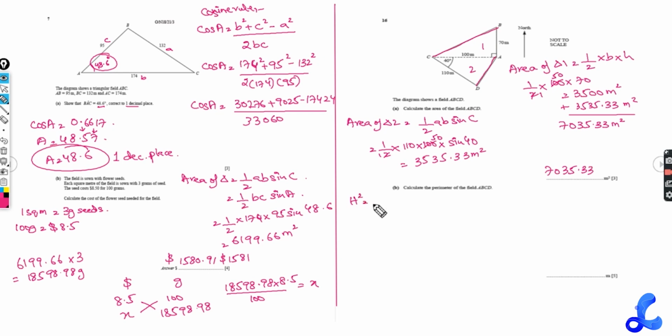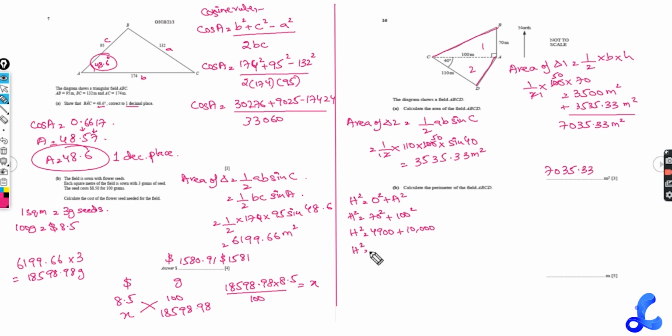Hypotenuse is in question over here. So hypotenuse square equals opposite square plus adjacent square. Opposite is given to you as 70 square plus adjacent is given to you as 100 square. So h square equals 7 times 7 is 49, so 4900, plus 10 times 10 is 100, so 10,000.